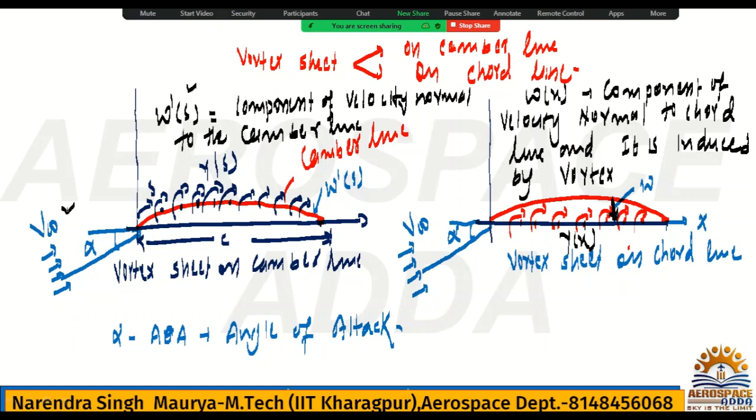Now the camber line is like a streamline, because the flow will be tangent to it. You know that if you draw a tangent to the curve, it gives the velocity of the flow. Similarly here I have drawn V infinity as a tangent to the camber line, so the camber line will be treated as a streamline.